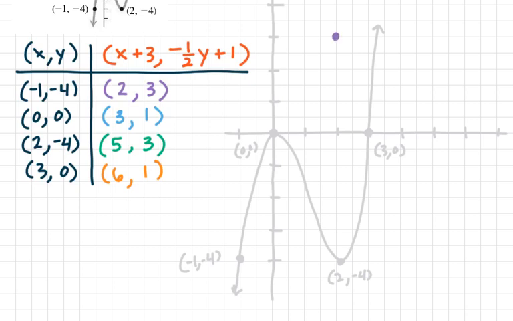Then we have (3, 1), so over 3, up 1. (5, 3), over 5, up 3. And (6, 1), over 6, up 1.